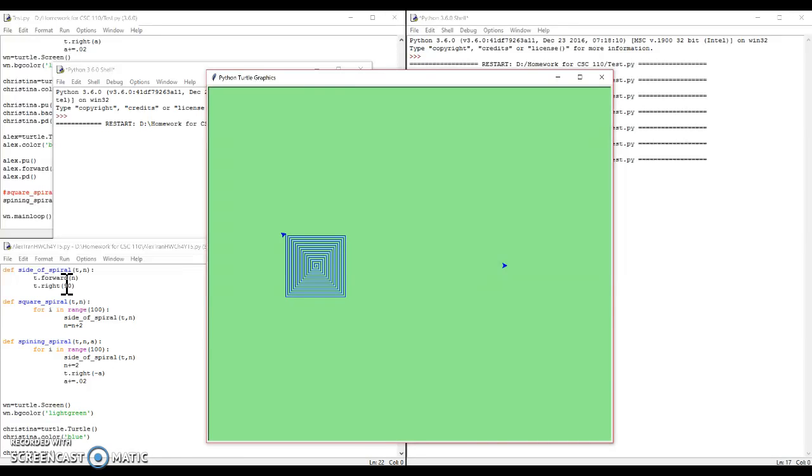Because basically the function I'm using for both is side of spiral.